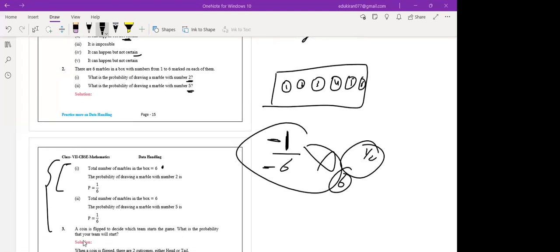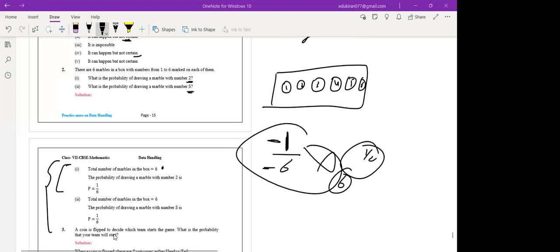What is the probability that your team will start?